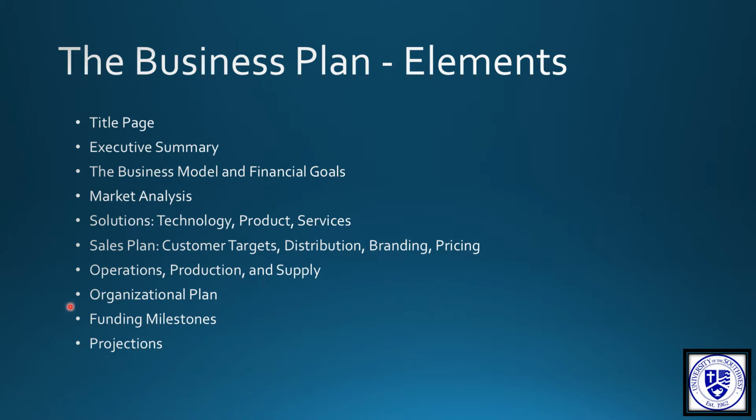And with that, we'll put a list here of the elements that we typically find in a business plan. Now, in business school, whether it's an MBA program or undergrad business school, at some point or another, you almost always run across a discussion about a business plan.